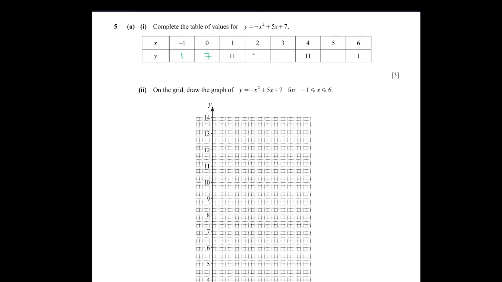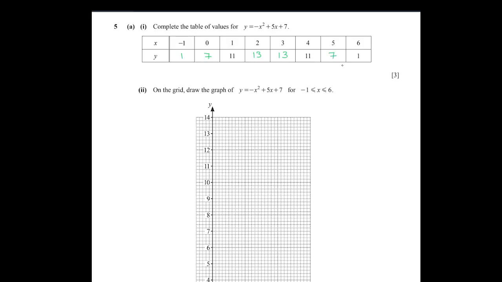Thirteen. Next, 3. Again 13. Next is 5. Seven.